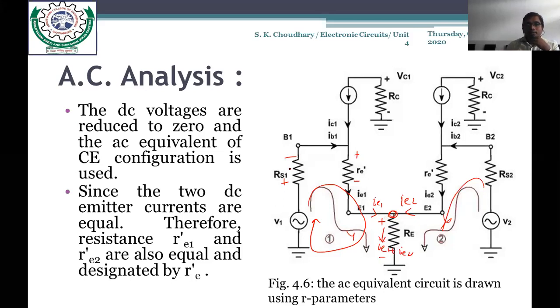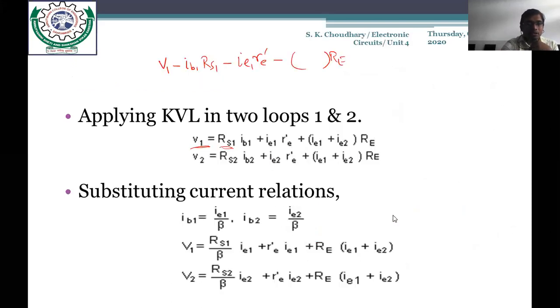So similarly here, the outgoing current through the capital RE is the summation of both incoming currents. That's why it is mentioned, still we have not assumed that both are equal, so we have to write separately IE1 plus IE2.